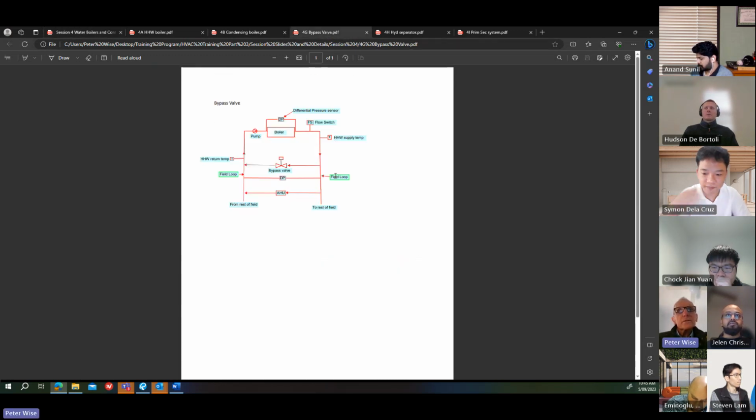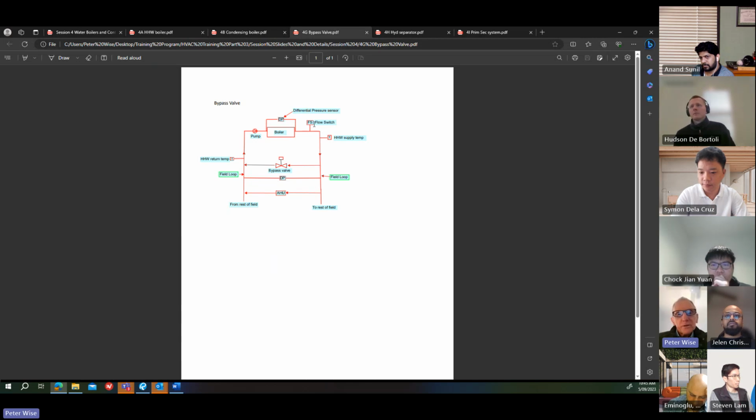So going back to this little sketch, when this differential pressure sensor, which is either across the boiler or the pump, senses that there's flow, the boiler controls receive a signal from the controls to say flow is confirmed and the boiler can start.